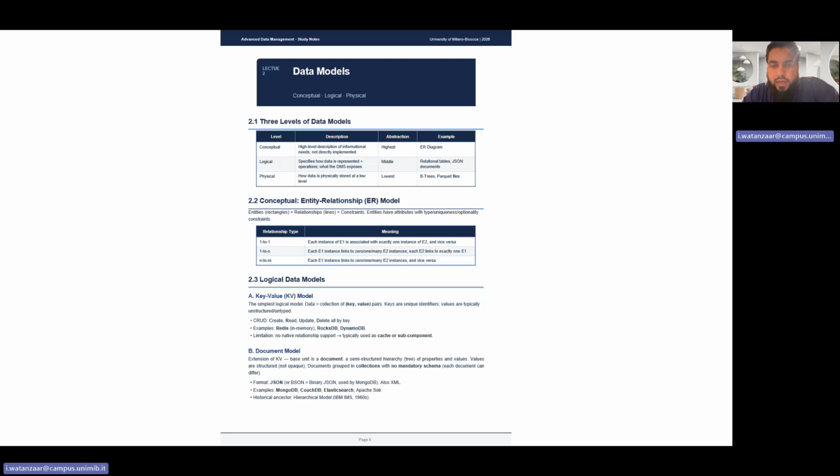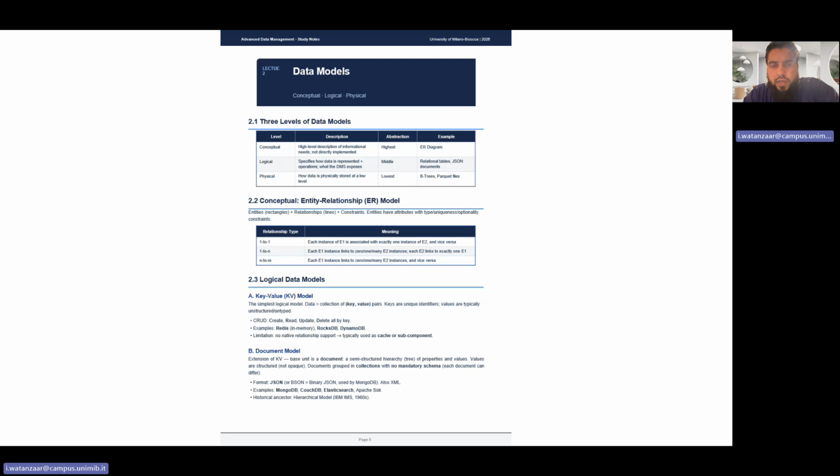The values are structured, not opaque: properties and values are in a hierarchical, semi-structured form.